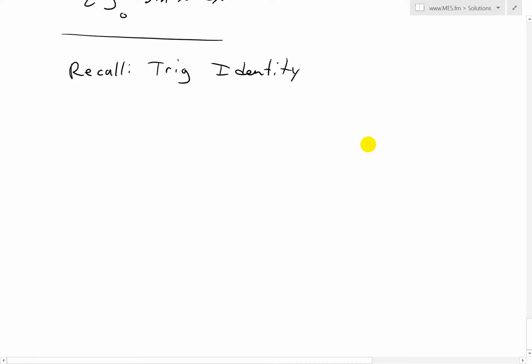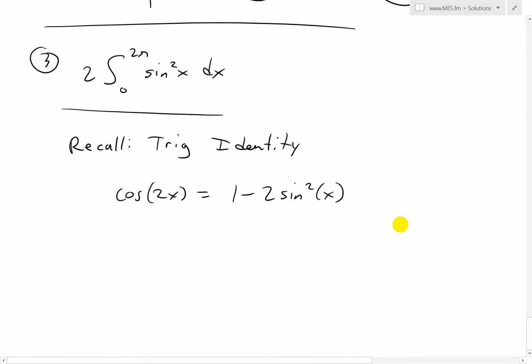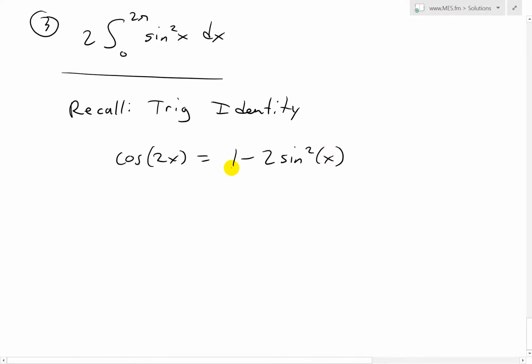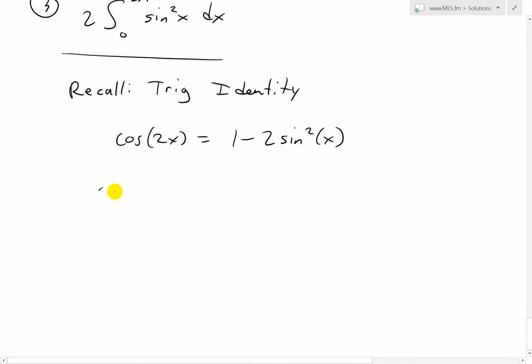So recall the trig identity: cosine 2x is equal to 1 minus 2 sine squared of x. Now we can rearrange this: sine squared of x equals 1 minus cosine 2x, all divided by 2.